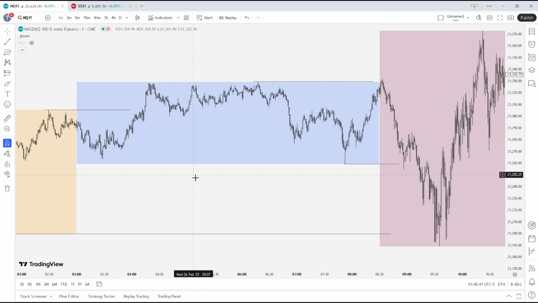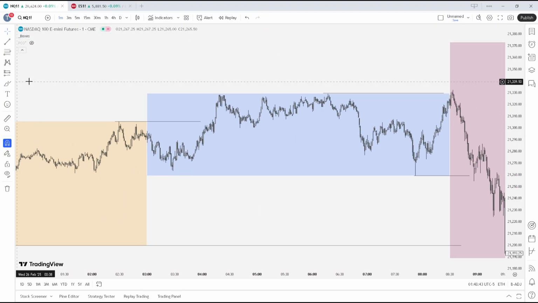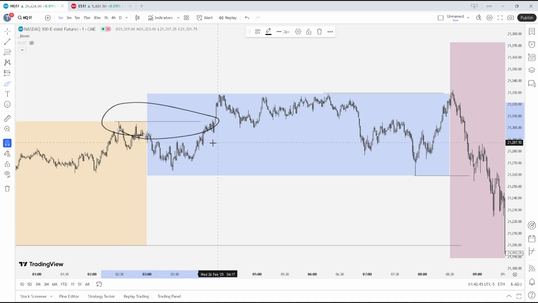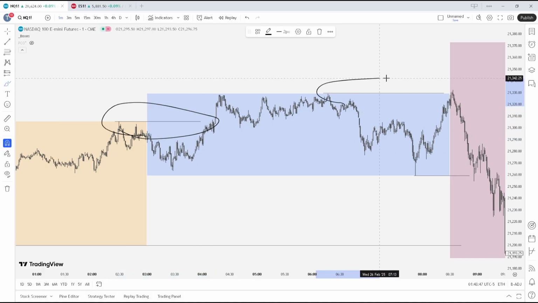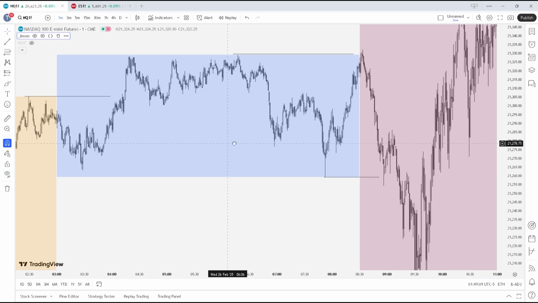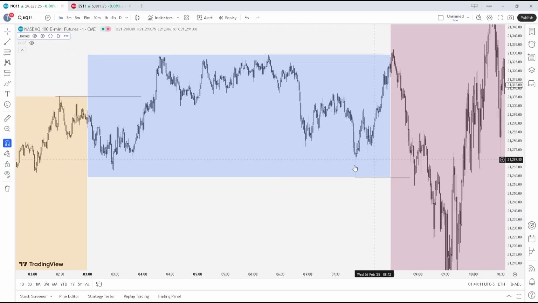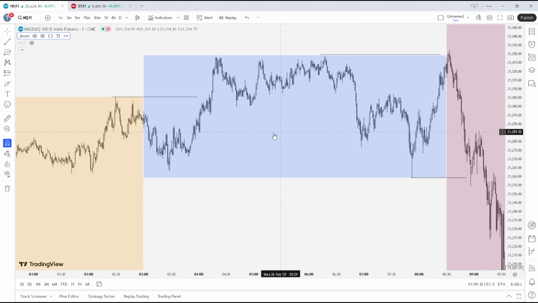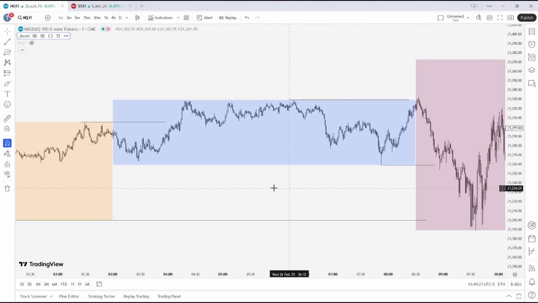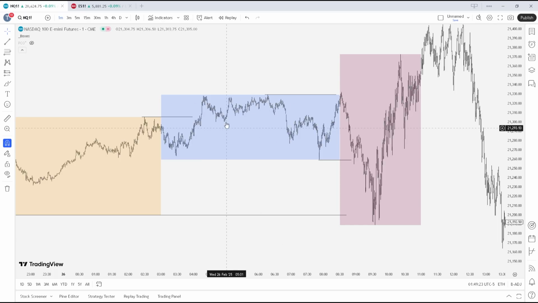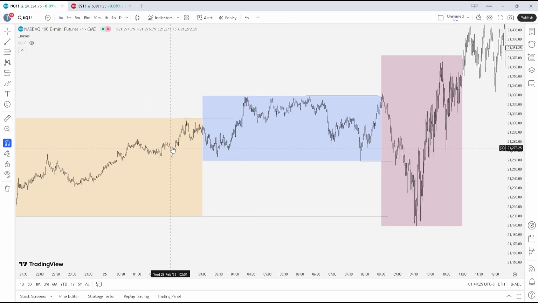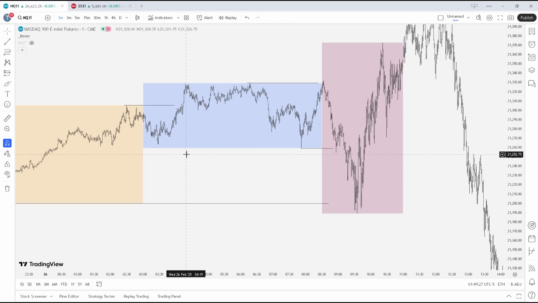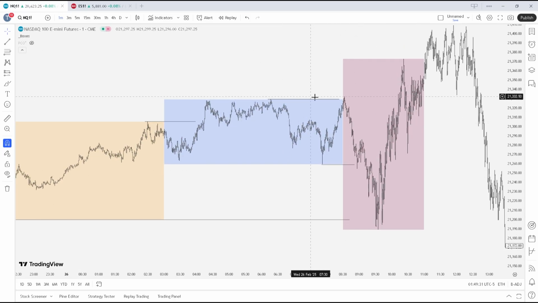All right, and now you might be wondering, why did this Asia high sweep not work, but this London high sweep works so well? Why I think that is the case is just because the New York session has more volatility. As you can see here, if we zoom out, the range for London and Asia is a lot smaller than New York, because the New York session is the NASDAQ, right?